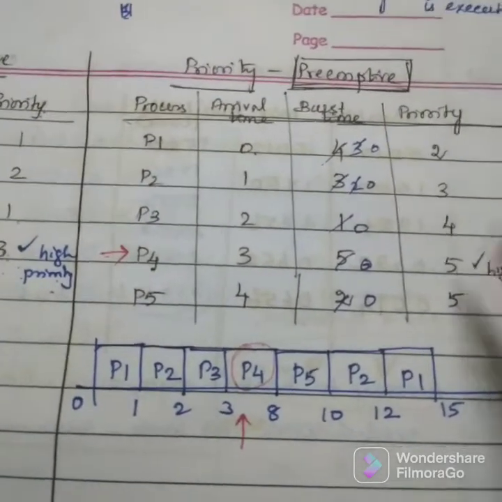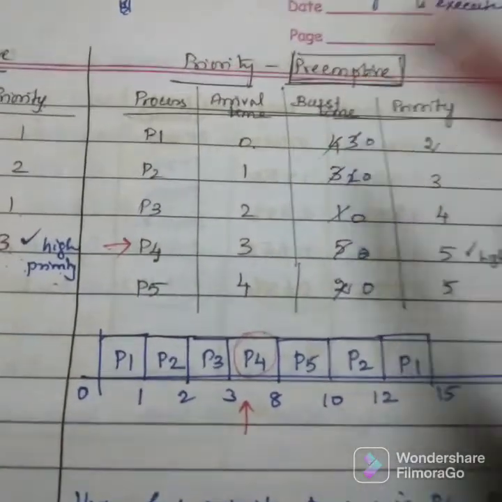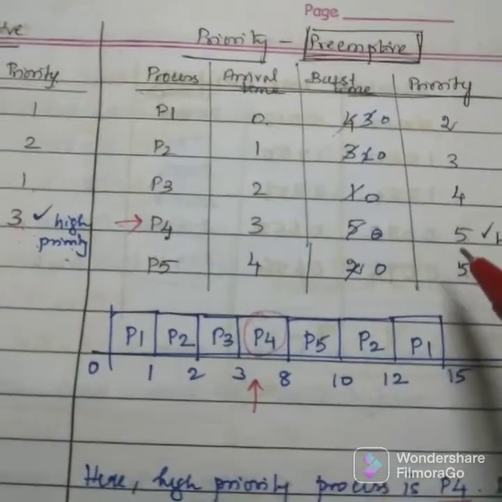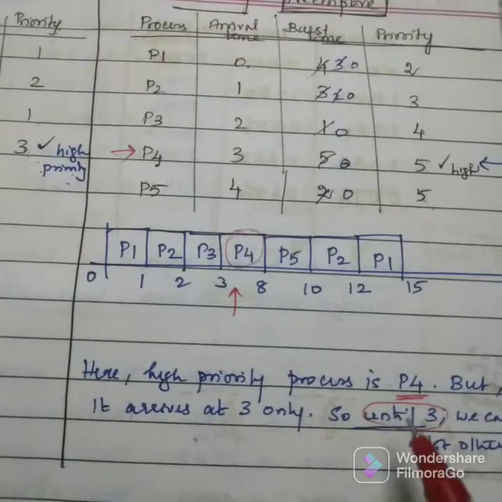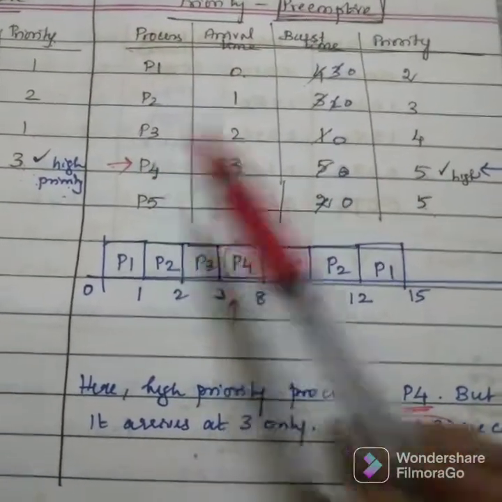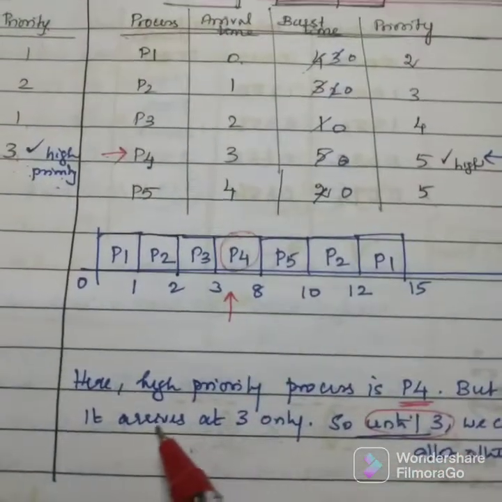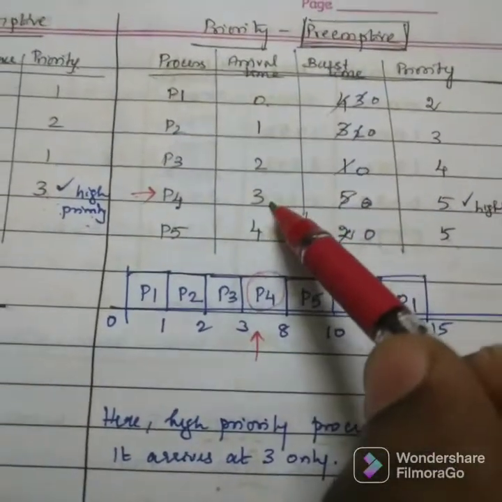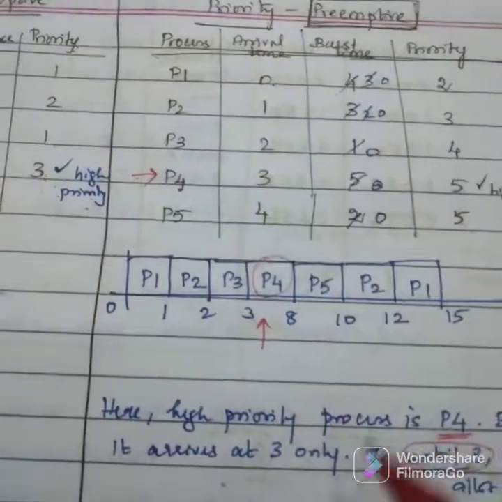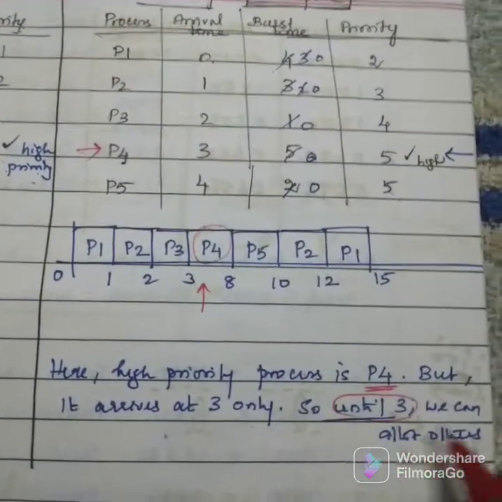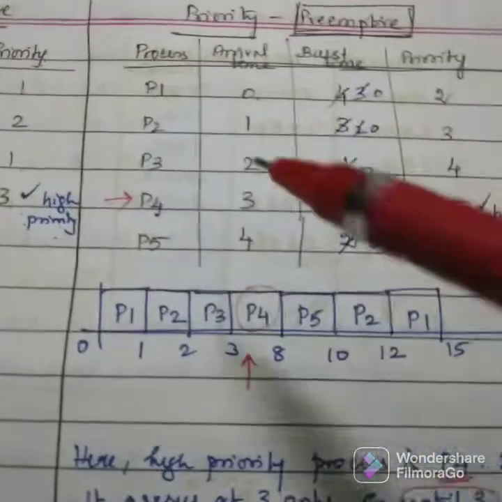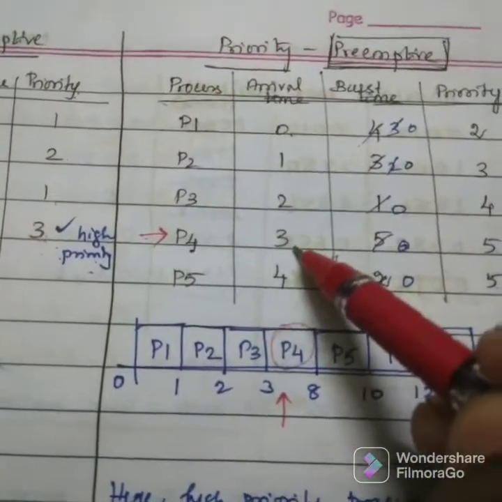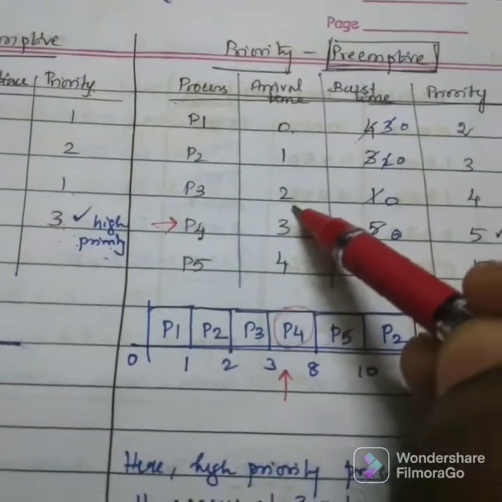But in preemptive there is a concept: here the highest priority process is P4, but it arrives at 3 only. The arrival time is 3 here. So until 3, we can allow other processes to execute.